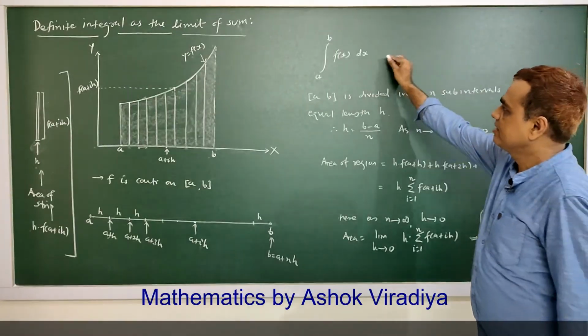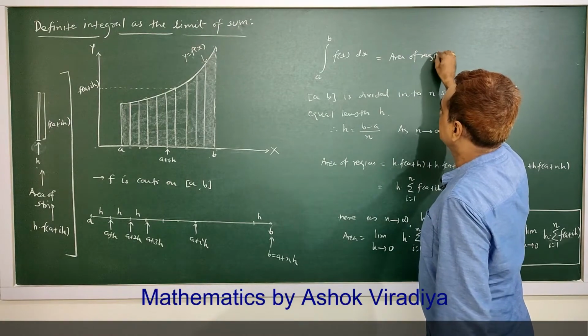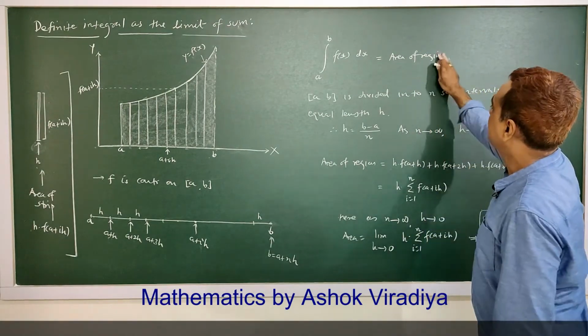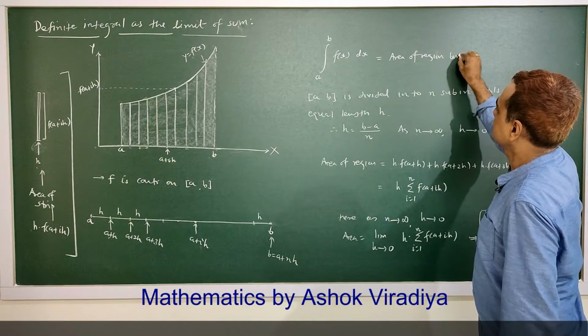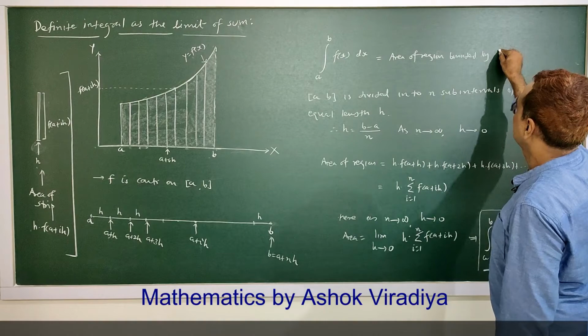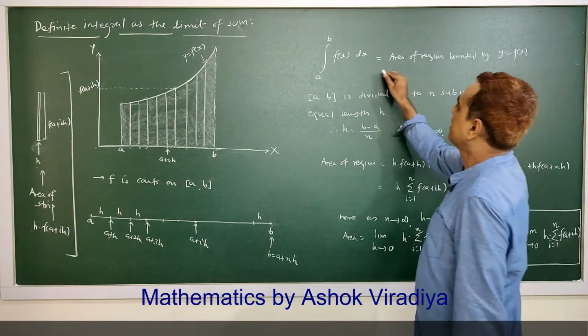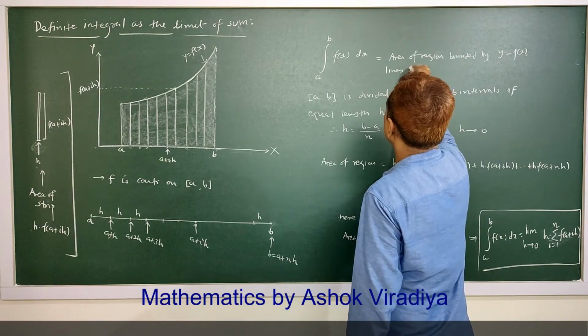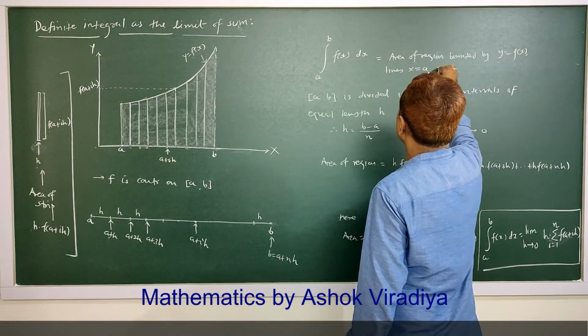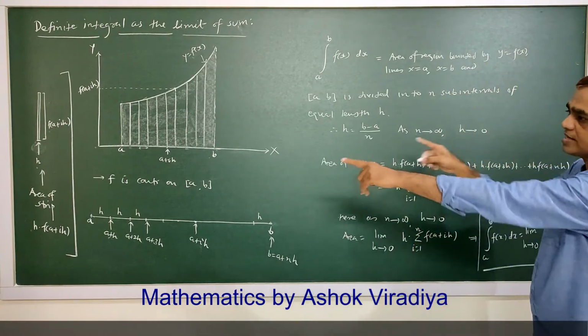A definite integral is the area of the region bounded by the curve y equal to f(x), the vertical lines x equal to a, x equal to b, and the x axis.